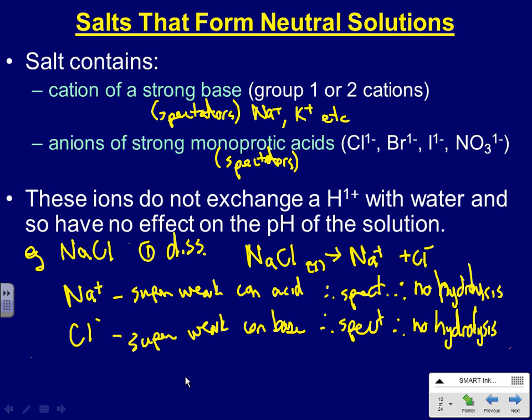If there's no hydrolysis whatsoever, then there's no OHs or no H3O pluses formed. It's neutral. Therefore neutral. Okay? Now let's analyze some other salts that have some moderately weak guys in it. That's essentially what we're doing.